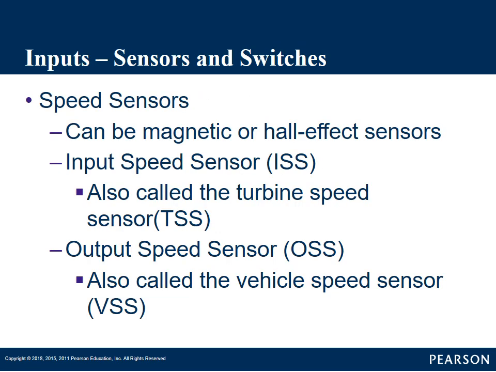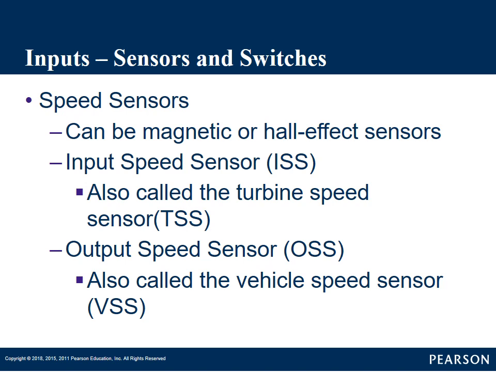Speed sensors. These are sensors in the transmission that monitor different parts of speed of the transmission, and we'll talk about each one of those here in a minute. These can be magnetic or Hall effect sensors, just like our crankshaft cam position sensors. If they're magnetic, they're going to generate an AC voltage, if you remember.